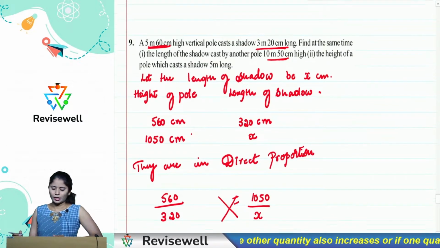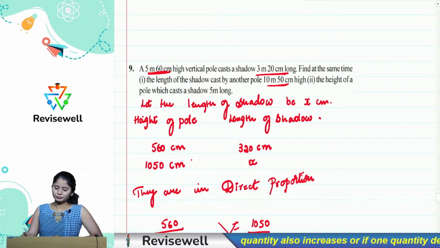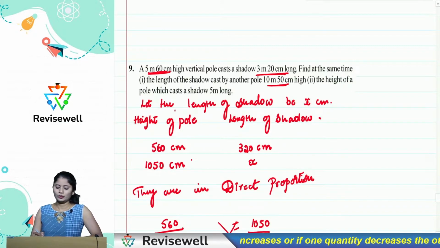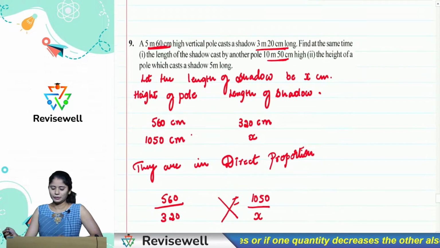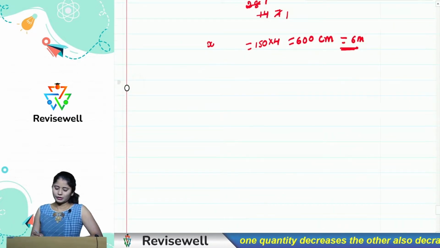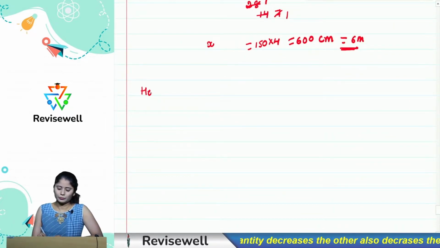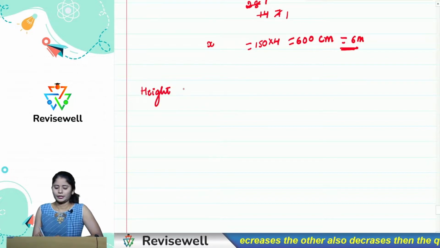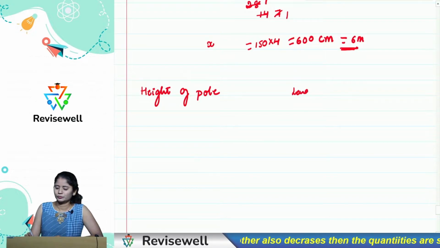Now, the second part of the question: find the height of the pole which casts a shadow of 5 meters. Same thing again. Here we are speaking about the height of a pole to the length of the shadow.